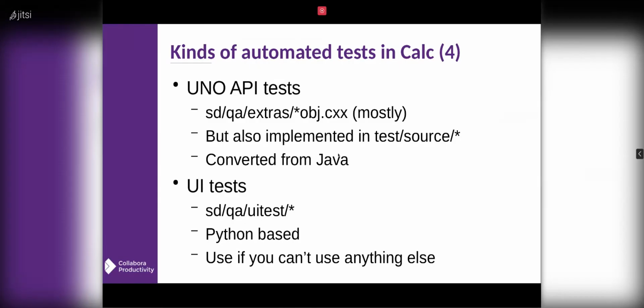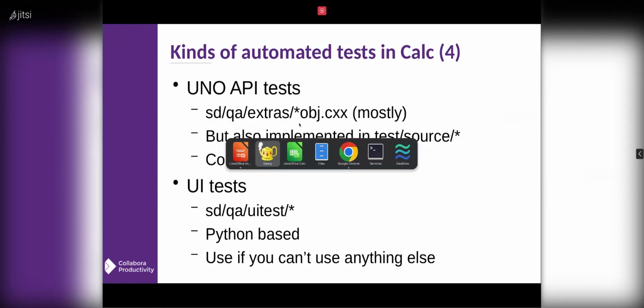These are converted actually from Java. Most of the API tests that we have are actually still written in Java, but most of the Calc tests are now converted to be in C++.